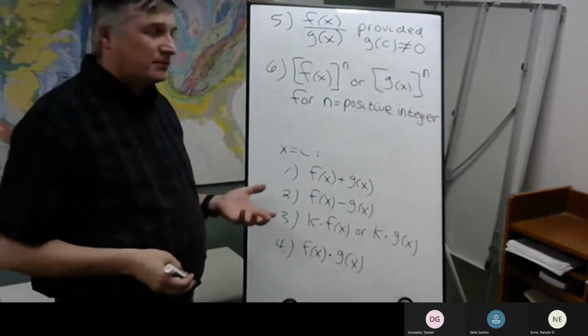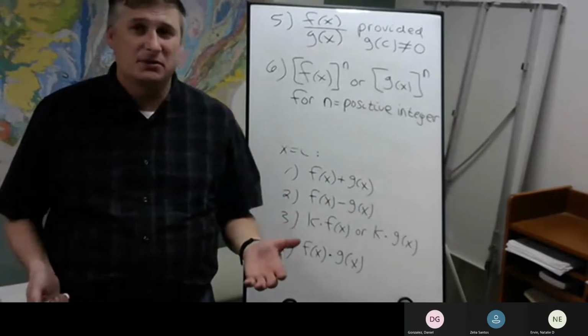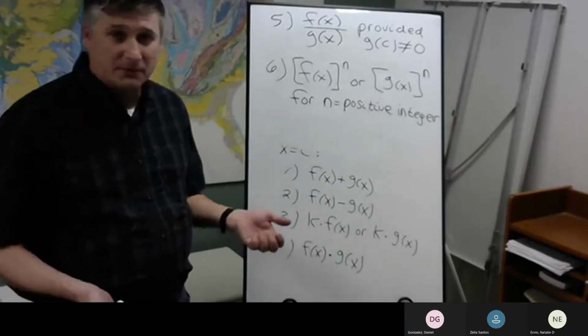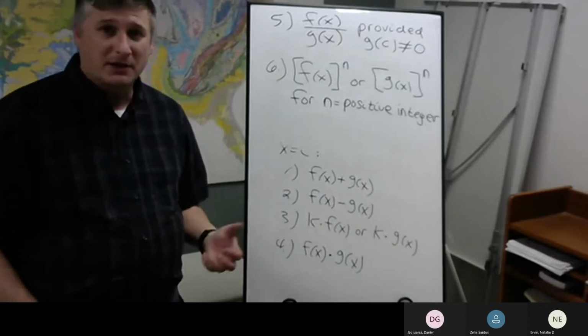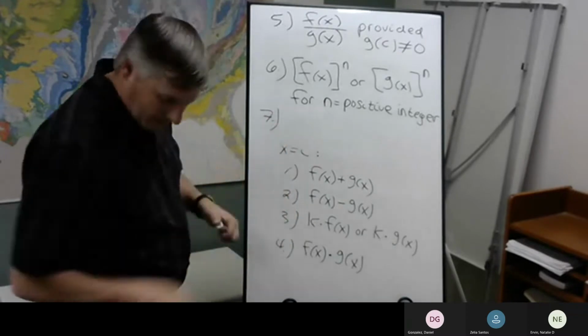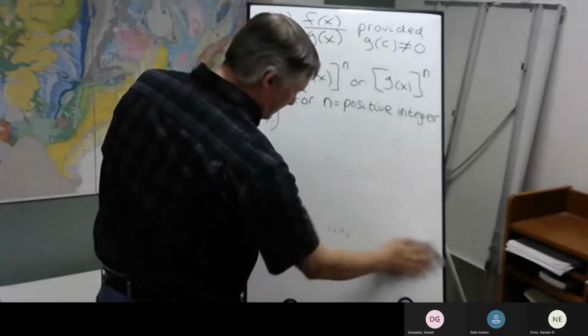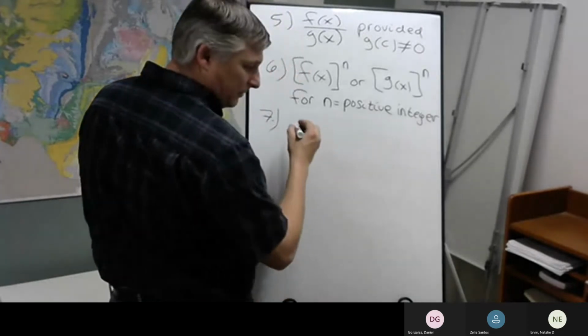So if you take f of x or g of x and raise them to a positive integer, make a positive integer an exponent or power of f or g, you're still going to get continuity with that combination. Same with roots.